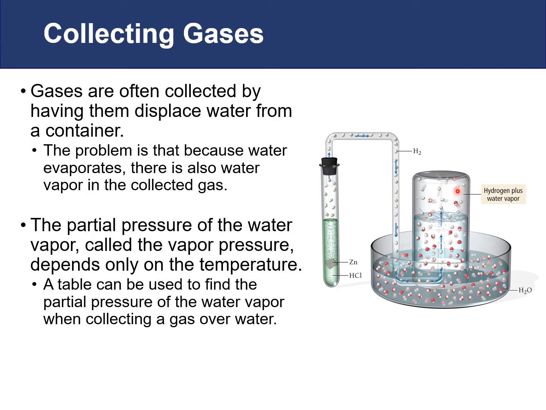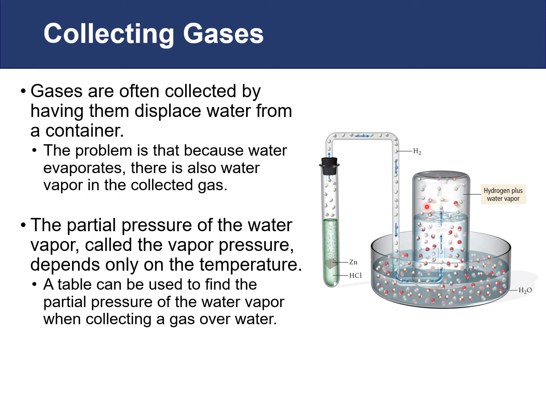And so you need to be aware that if you're producing a gas sample this way and water is going to be a problem, you have to come up with a way of removing water. There are certain compounds that will pull water from a gas sample, like magnesium sulfate will do it. And so you would need to make sure that you're running your gas sample back through maybe some magnesium sulfate or something else to remove the water vapor from your gas.